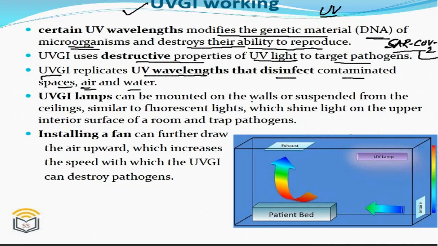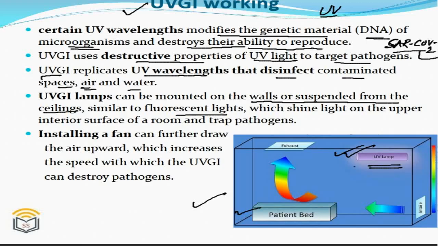UVGI lamps can be mounted on the walls or suspended from the ceilings. As you can see, this is the room of a hospital. Let's say this is the patient's bed. You can see there is a UV lamp fitted in here, and this can be mounted on the wall, suspended, or similar to a fluorescent light.